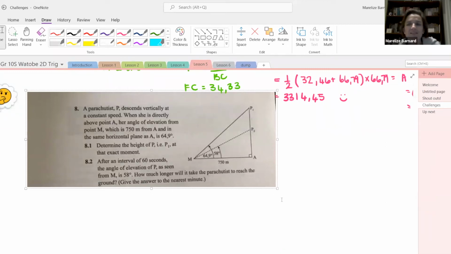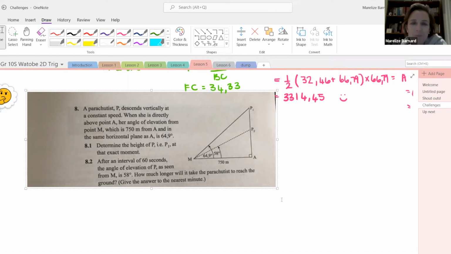Okay, so we've got this parachutist at P, and she descends vertically at a constant speed. When she is directly above point A, her angle of elevation from point M, which is 750 meters from A and in the same horizontal plane as A, is 64.9.